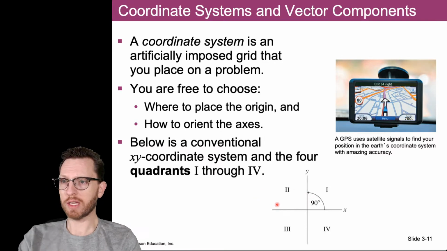This is a conventional XY coordinate system with 4 independent quadrants numbered 1 through 4. By convention, angles in this sort of coordinate system are typically measured from the x-axis, with positive angles going in the counterclockwise direction.